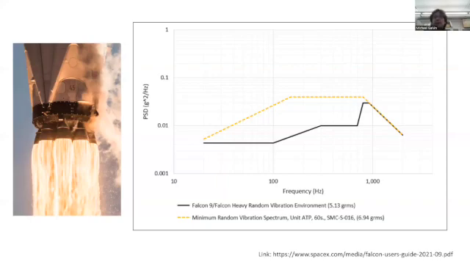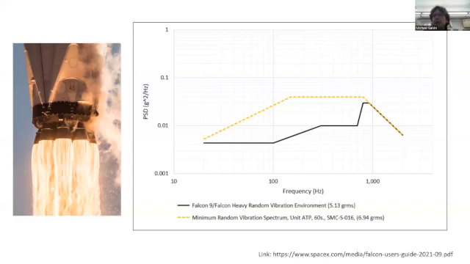And so you'll usually see the random vibration environment defined in the user's guide as a vibration spectrum. So in the Falcon user's guide, you can see here that there are components of random vibration with frequencies all the way from, looks like 20 hertz all the way to 2000 hertz.